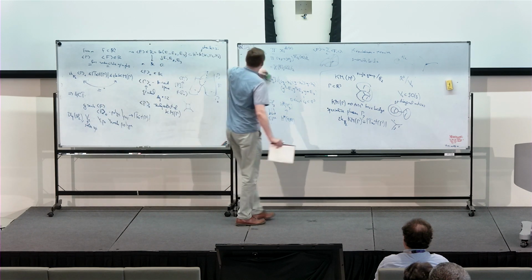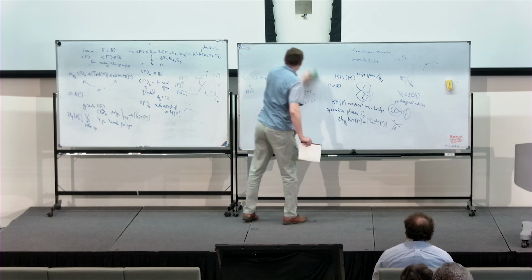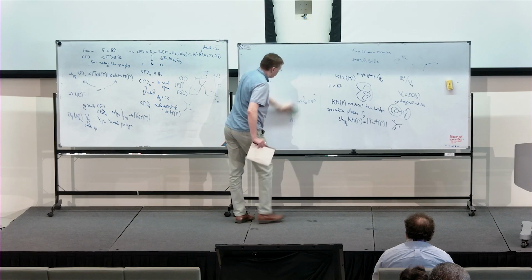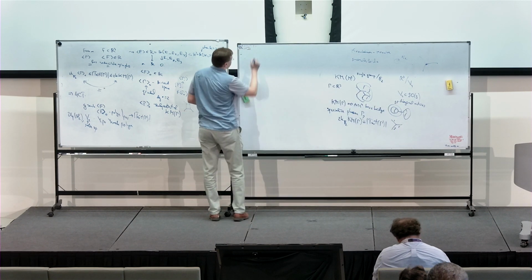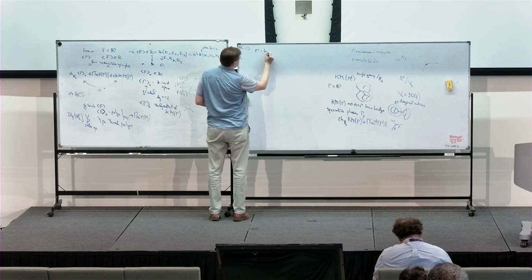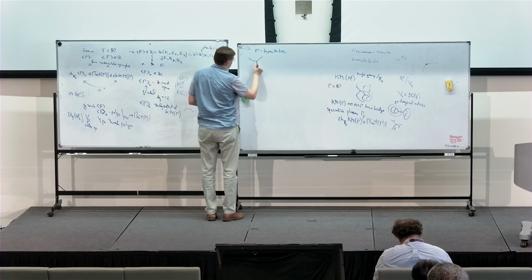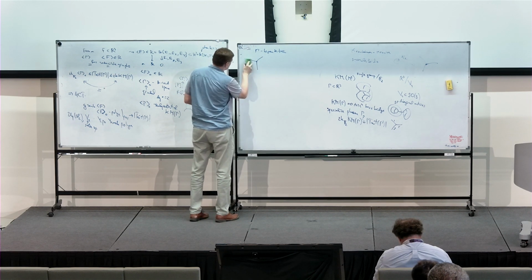So the relation is that if things are now orientable, and more specifically, if the graph gamma is bipartite, that means the vertices are split into two types, and there are orientations on edges.